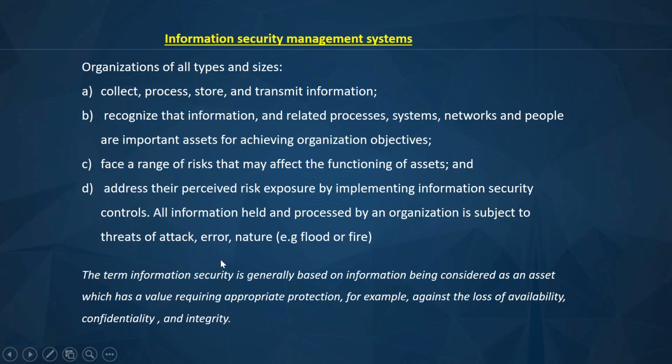Okay, so, thank you. Going forward now, we're going into organizations of all types and sizes. I said that in one way or the other, they collect, process, store, and transmit information. Organizations recognize that information and related processes, systems, networks, and people are important assets for achieving organization objectives.